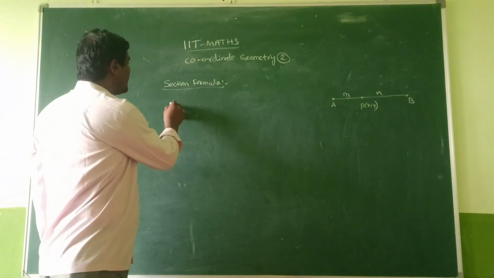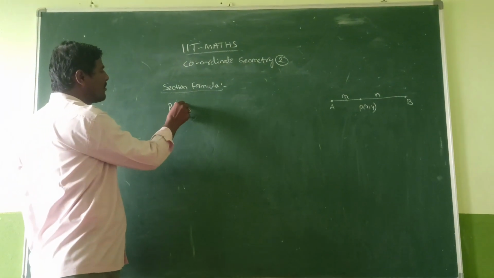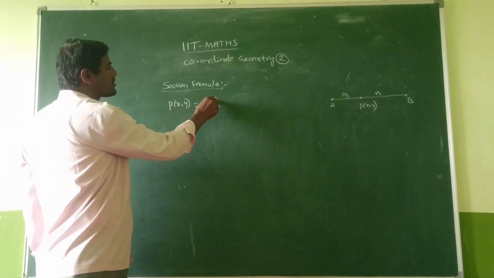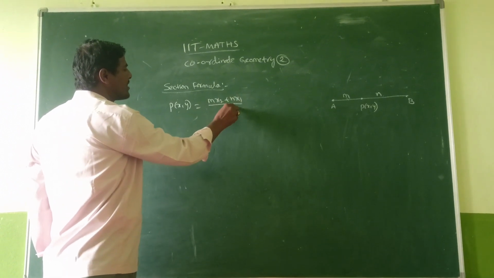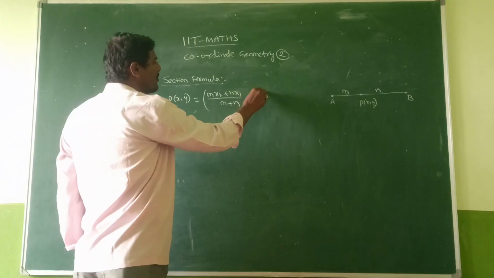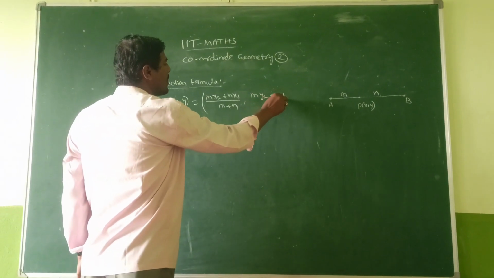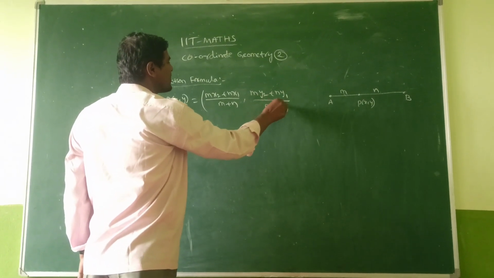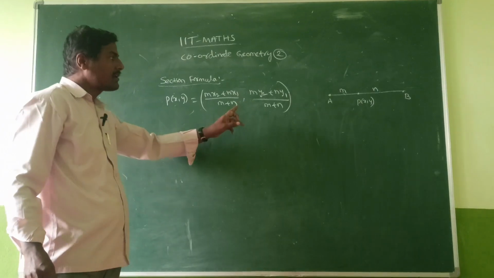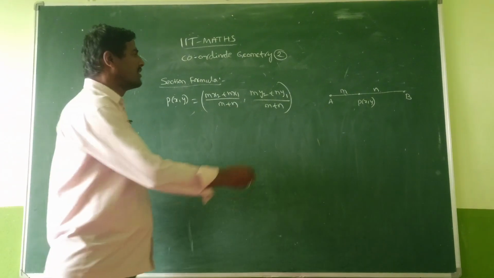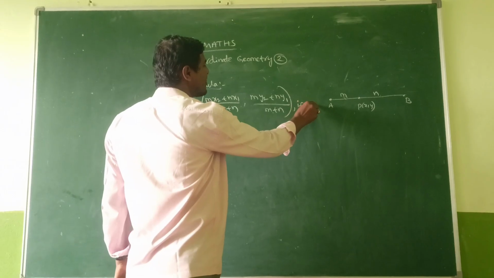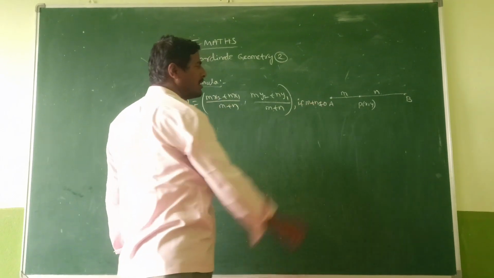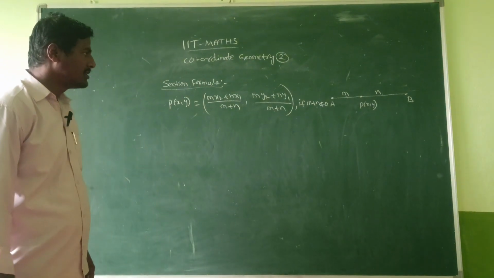So P(x, y) equals (mx2 plus nx1) by (m plus n), comma (my2 plus ny1) by (m plus n). So this is the formula for internal division, if the condition m plus n is not equal to 0.